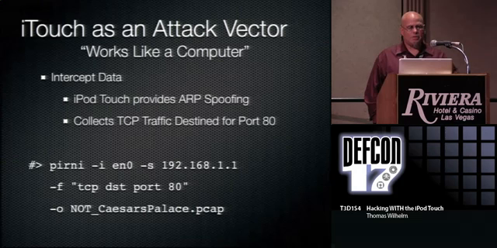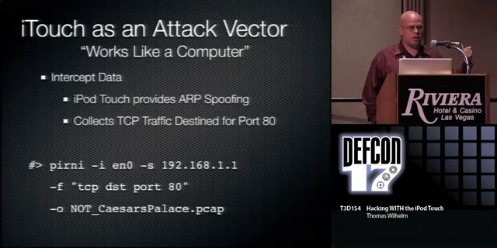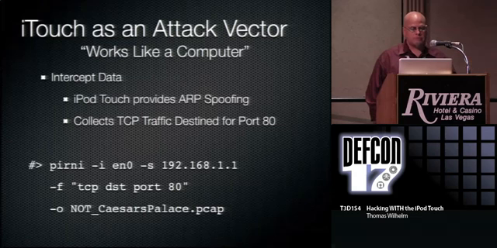Okay, so we can intercept data specifically with the iPod Touch. It can provide ARP spoofing and then collect the TCP traffic. So in this case, I ran Pirni, and I basically created a PCAP file called Not Caesar's Palace. The IP addresses and everything haven't been changed to protect the innocent because this is all innocent anyway, right?